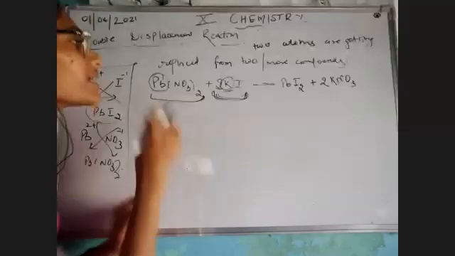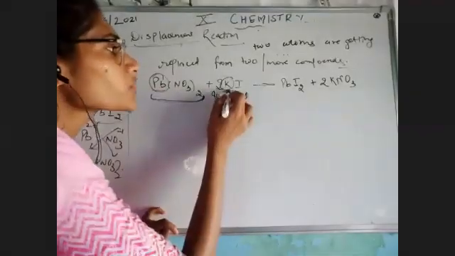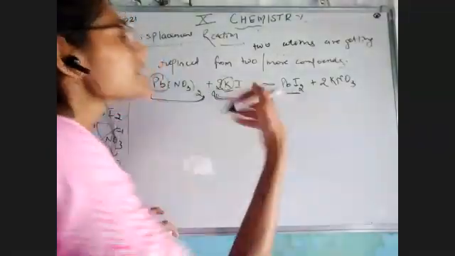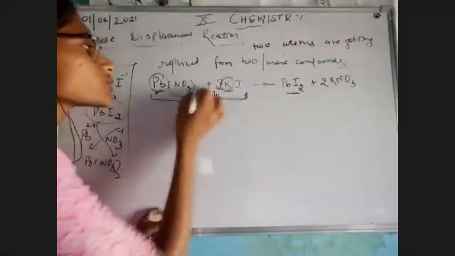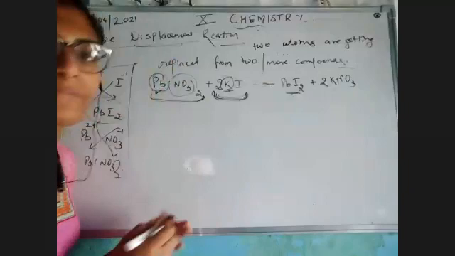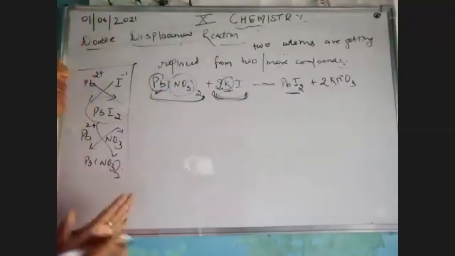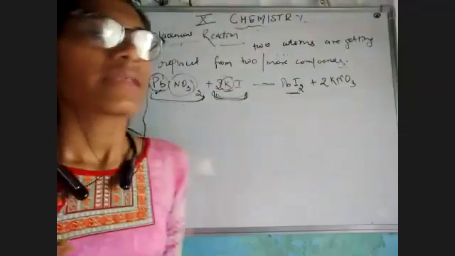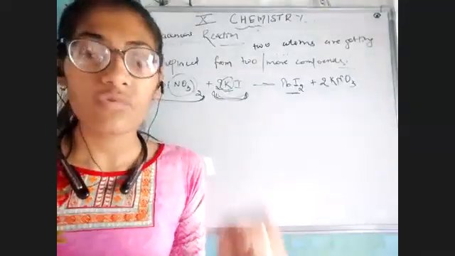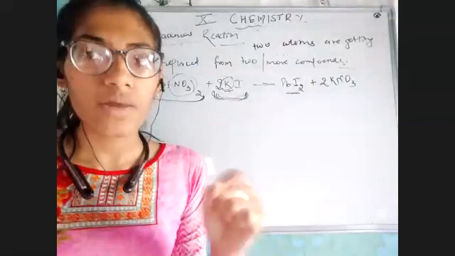Now the second one, lead is replacing the potassium, giving lead iodide. Same as it is, the potassium is replacing the lead and getting attached to nitrate, giving potassium nitrate. Am I clear? So this is how my double displacement reaction takes place.